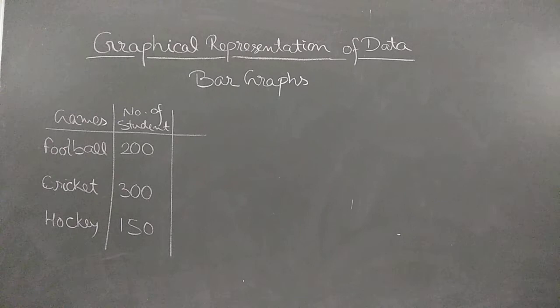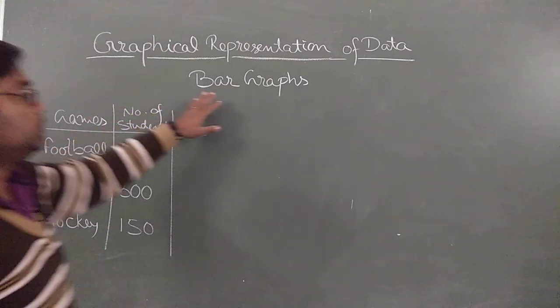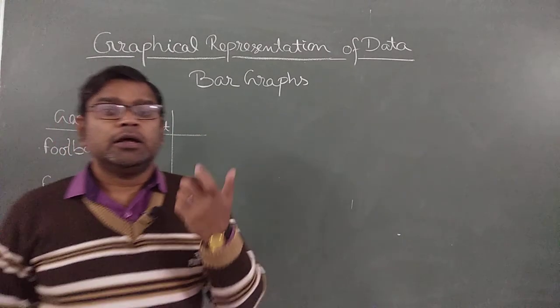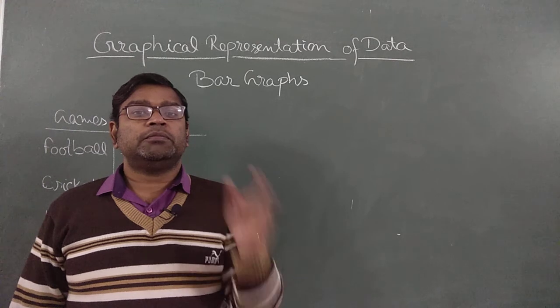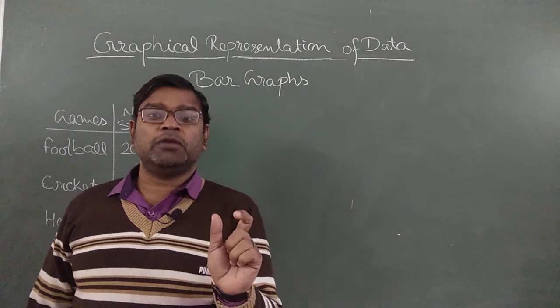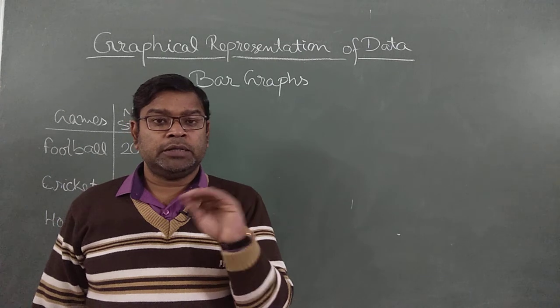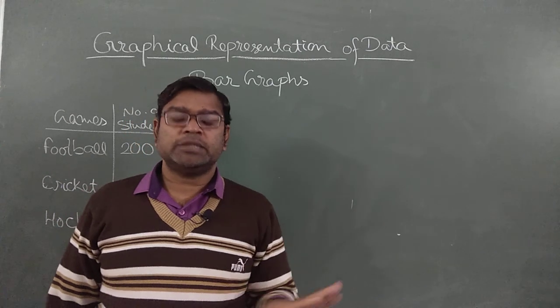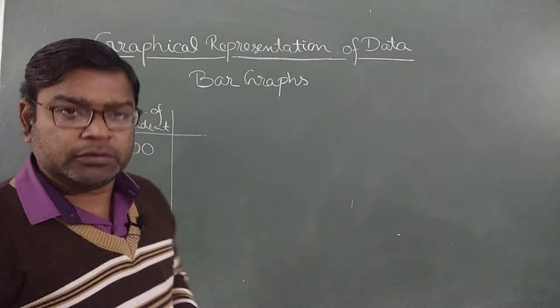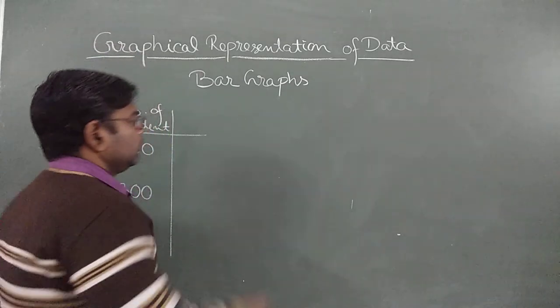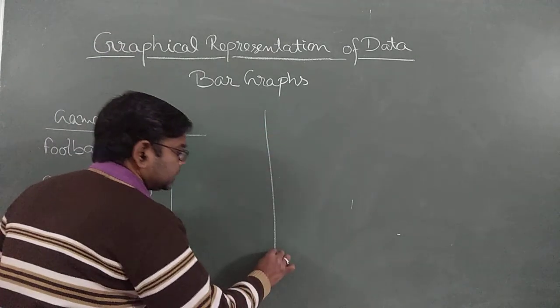By using a graph. So in a bar graph, as I discussed with you in class 7, bars must be of equal width, and we plot these graphs on any sheet of paper. No special graph paper is required. First we draw the x-axis and y-axis.